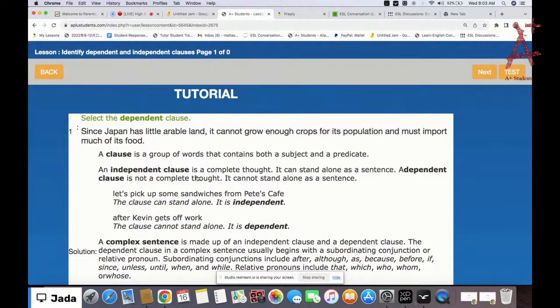So first of all, we have a clause. We need to know what a clause is to be able to go on to independent and dependent clauses. So, what is a clause? A clause is a group of words that contains both a subject and a predicate. One thing you need to take note of is that a clause contains a subject and a predicate.